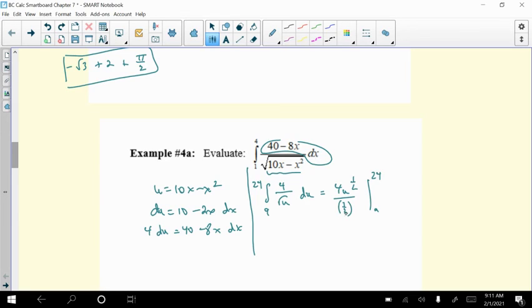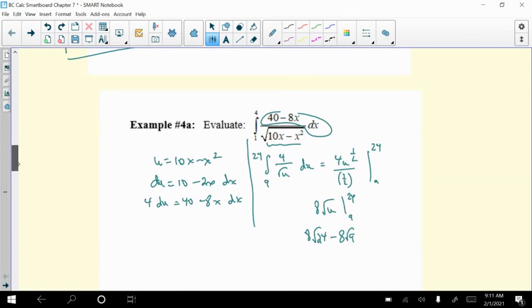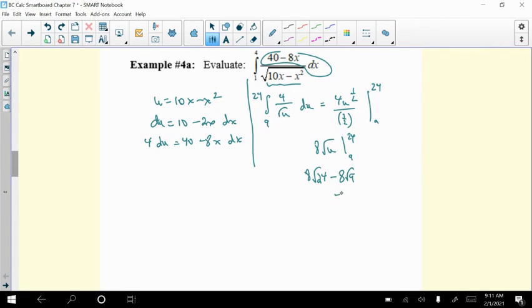And I like dividing by that 1/2. I put those parentheses there to emphasize that's going to come up as a reciprocal. So it's the 8 square root of u when evaluated from 9 to 24. So that's 8 root 24 minus 8 root 9, in which that's a 3. So that becomes a 24. And there's a perfect square of 4. So a 2 comes out. So we get 16 square root of 6 minus 24.